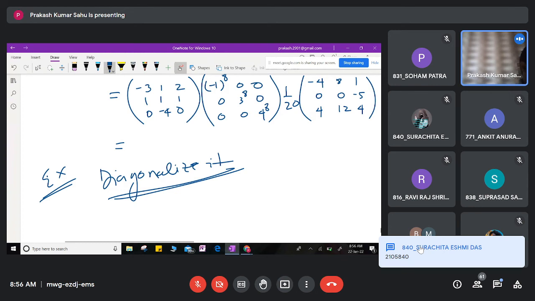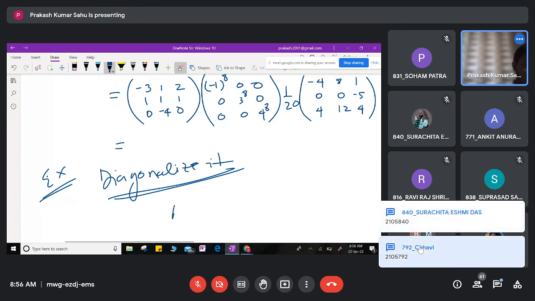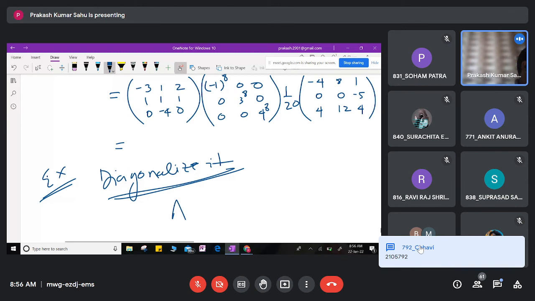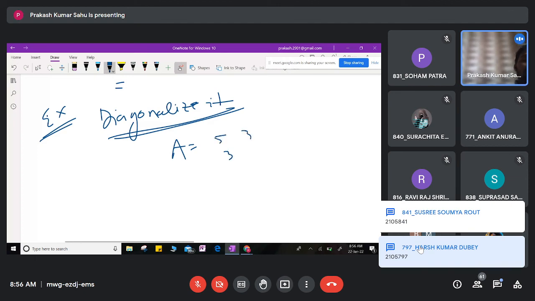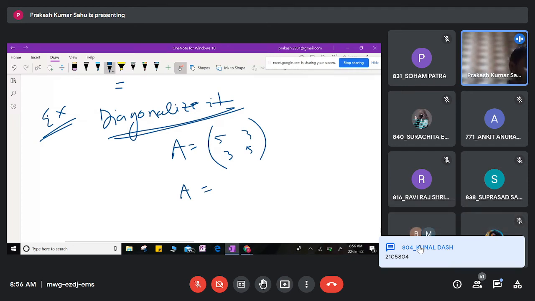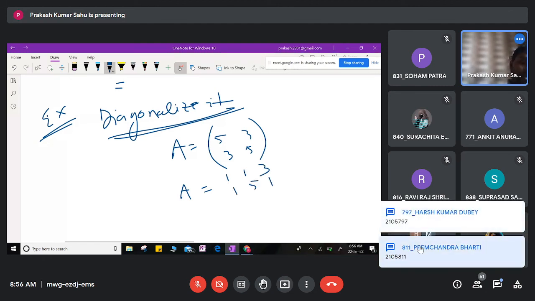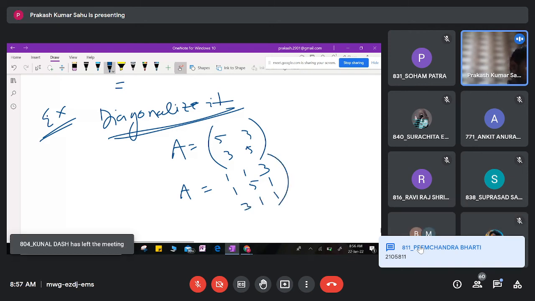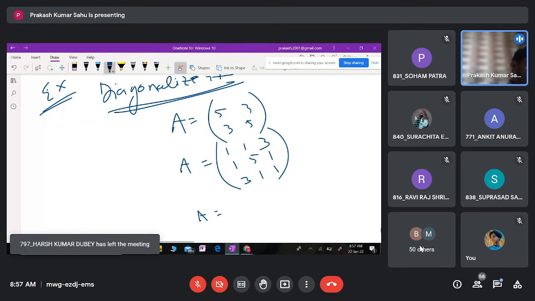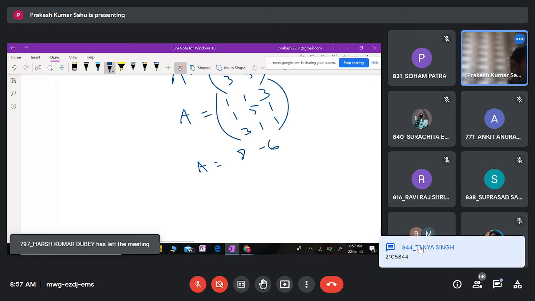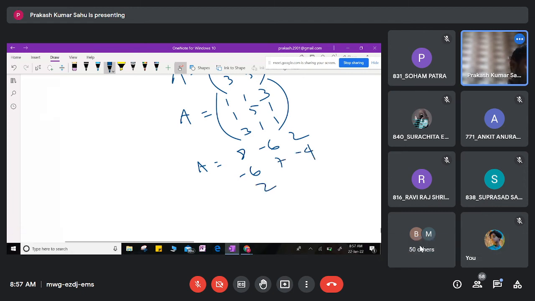Write this matrix first: suppose matrix A is equal to 5 3 3 5, then another matrix 1 1 3, 1 5 1, 3 1 1, and one more matrix 8 minus 6 2, minus 6 7 minus 4, 2 minus 4 3.